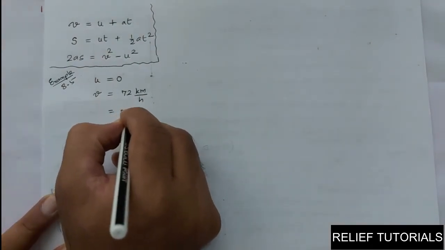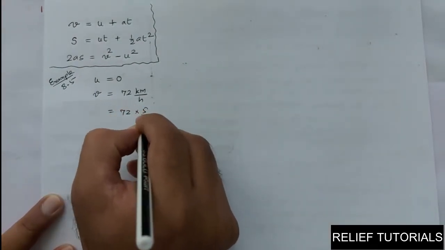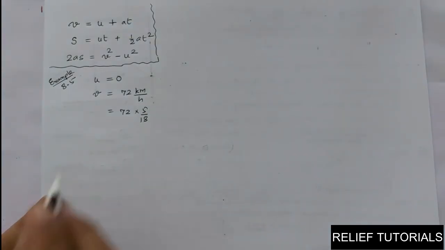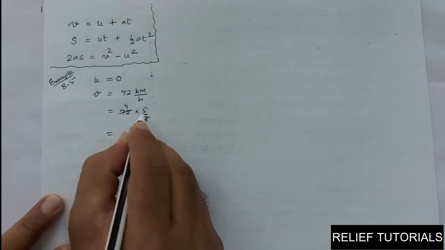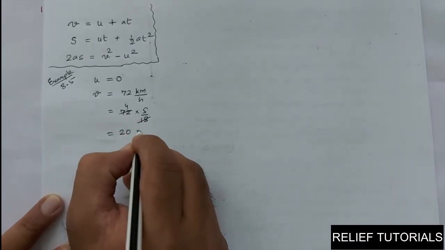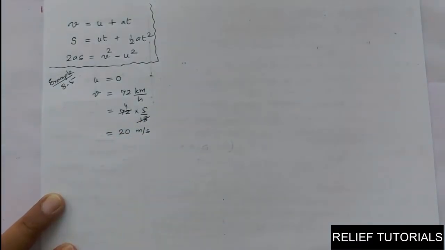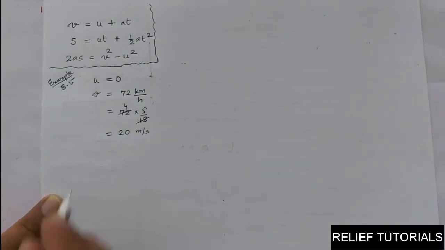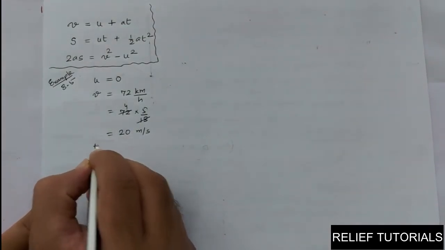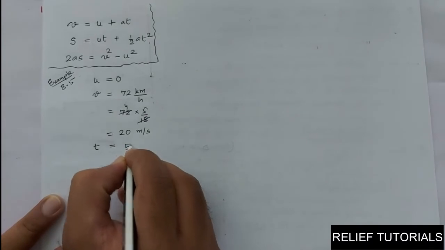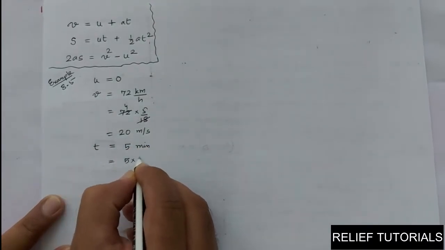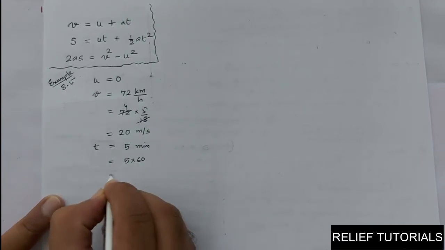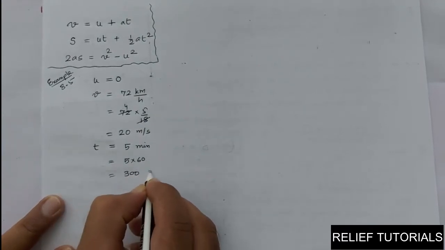We know that we have to multiply this number by 5 upon 18. So 18 fours are, 5 fours are 20 meter per second. And the train attains this velocity in 5 minutes. So time t is 5 minutes, 5 into 60 seconds, it is 300 seconds.